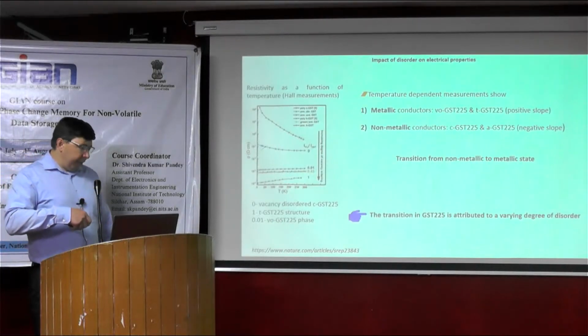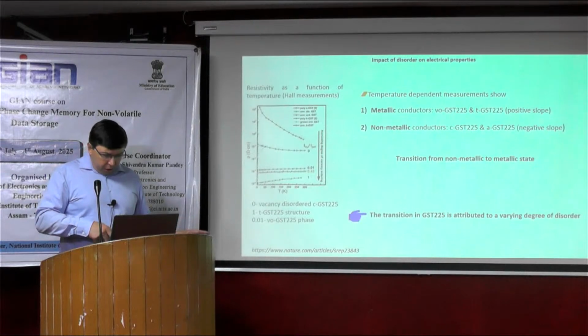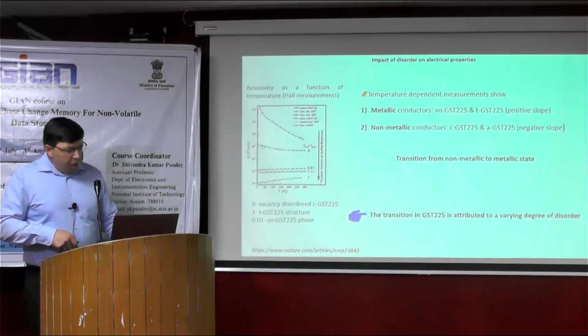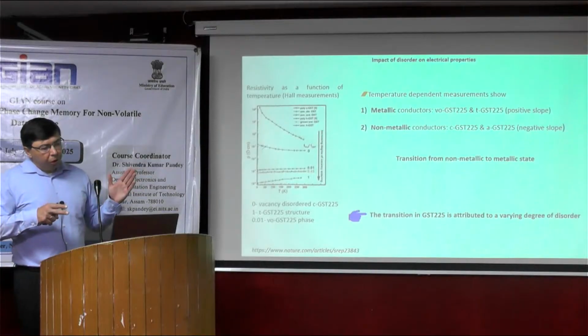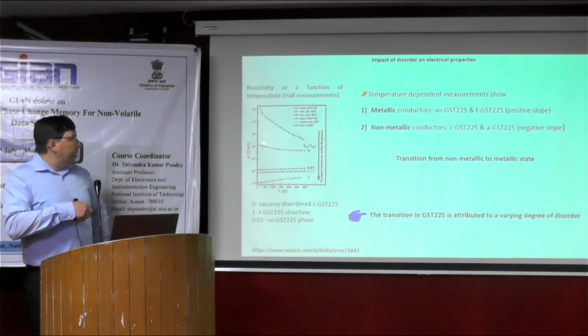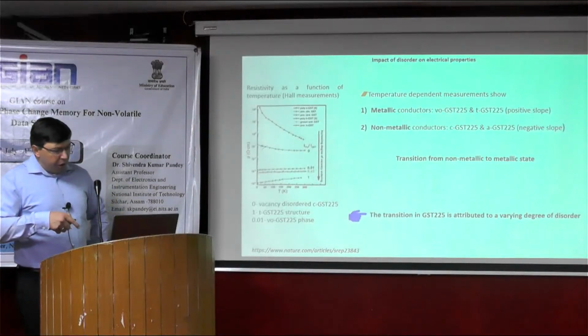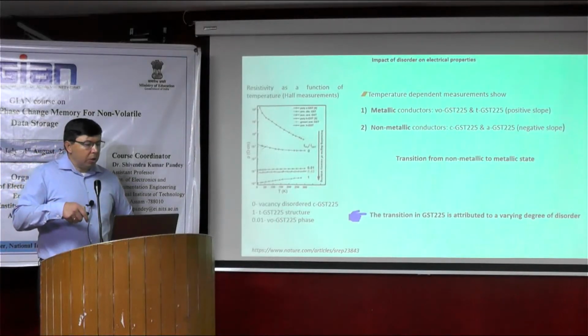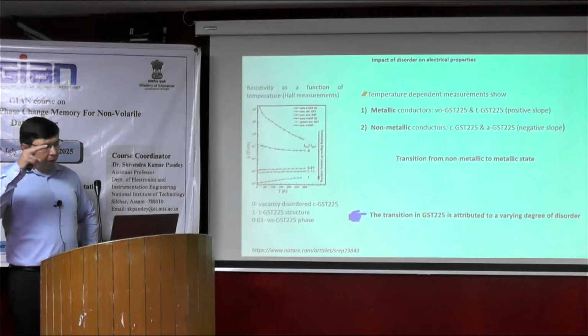The three crystalline phases differ in structure in terms of the ordering of vacancies. The cubic phase has vacancies which are disordered on the cation sublattice, and here they have vacancies which are ordered on specific planes. Today we will also consider this.